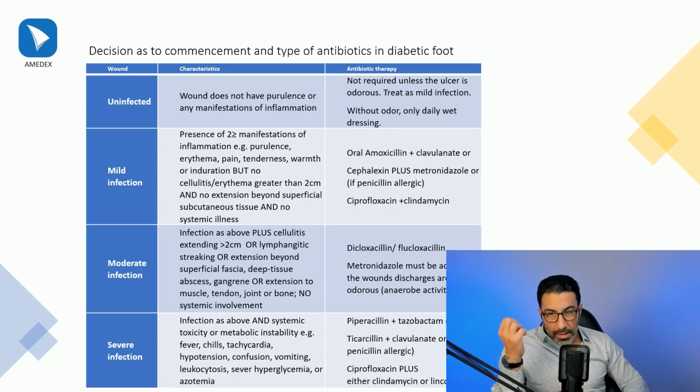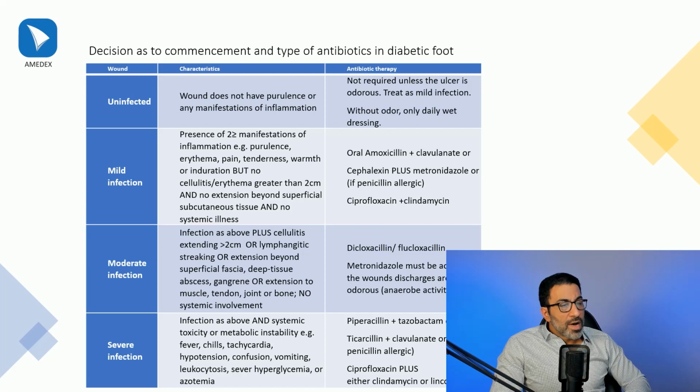Again, we have 2 inflammatory signs plus cellulitis extending more than 2 centimeters, or lymphangitic streaking or extension beyond superficial fascia, deep tissue abscess, gangrene, or extension to muscle, tendon, joint, or bone. No systemic involvement. On top of that, if we add systemic involvement, we're going to have severe infection.